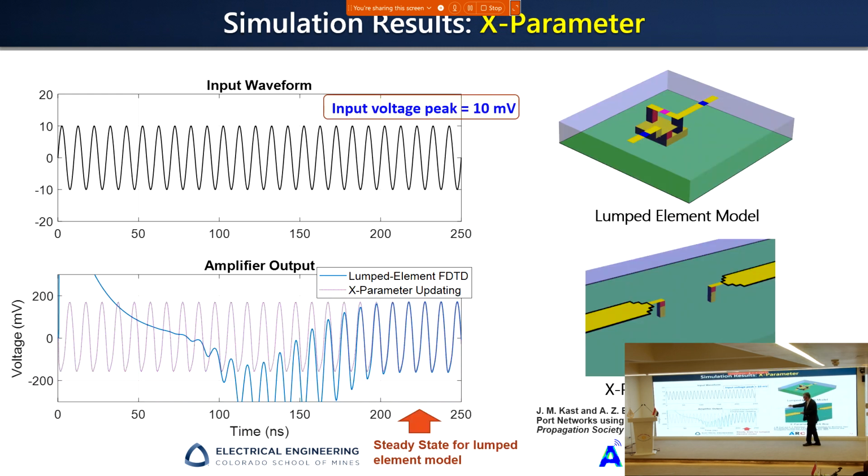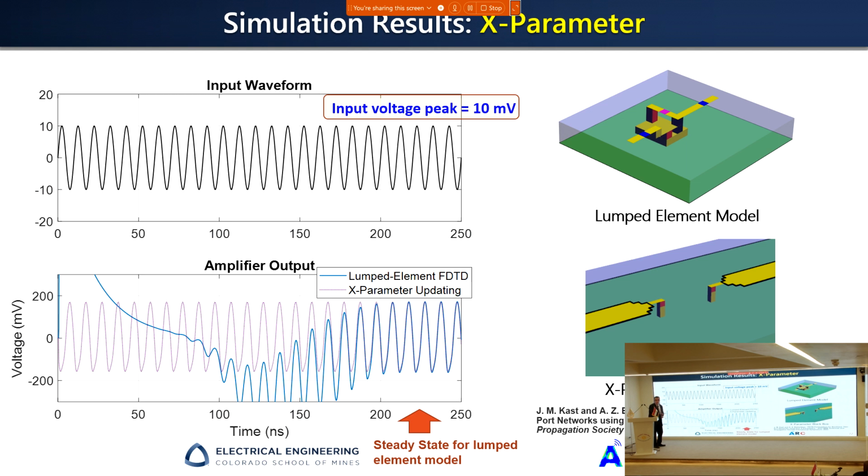So basically, I trust this lumped element model. Now, this is the simulation using the lumped element model that you have seen before, and this is the X parameter simulation. So I extracted the B wave, inserted it into a finite difference time domain, and you look at the X parameter response. It's a complete sinusoidal form all the way from 0 time.